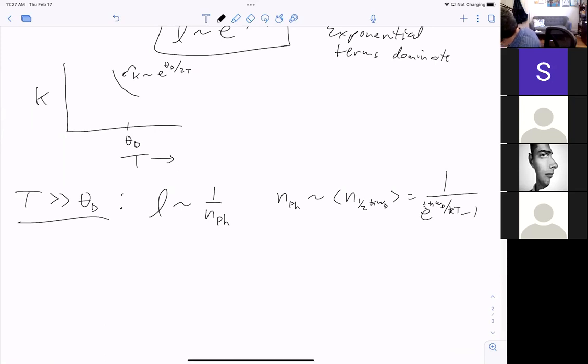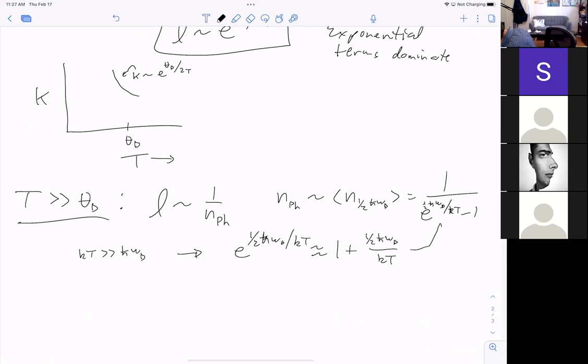But now it's a different regime, because now kT is much bigger than h bar omega Debye. And so e to the 1/2 h bar omega Debye over kT is approximately equal to 1 plus, I just do the simple Taylor expansion of the exponential to the first term. And I plug that into there.